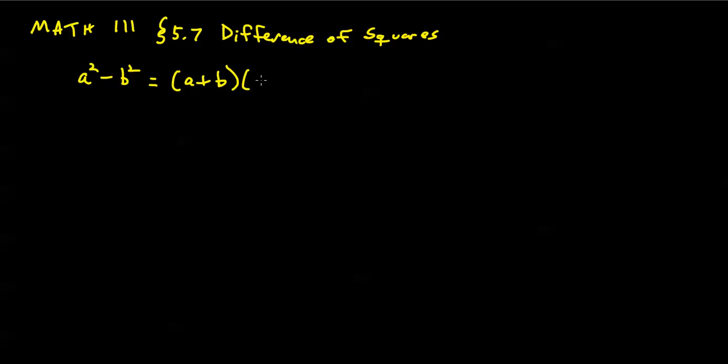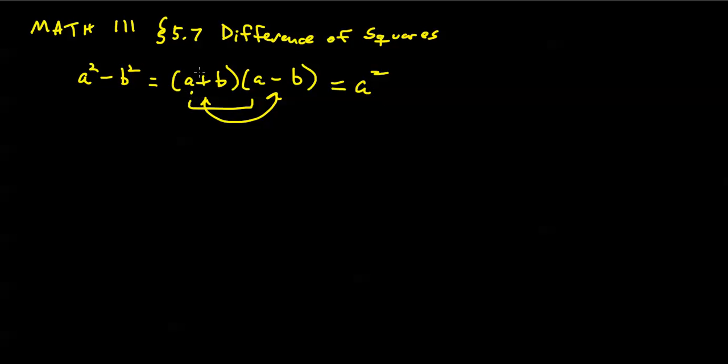Well, we know that when we multiply conjugate binomials, by that I mean binomials where the sign in between is opposite, if I multiply the first product, I get a squared.